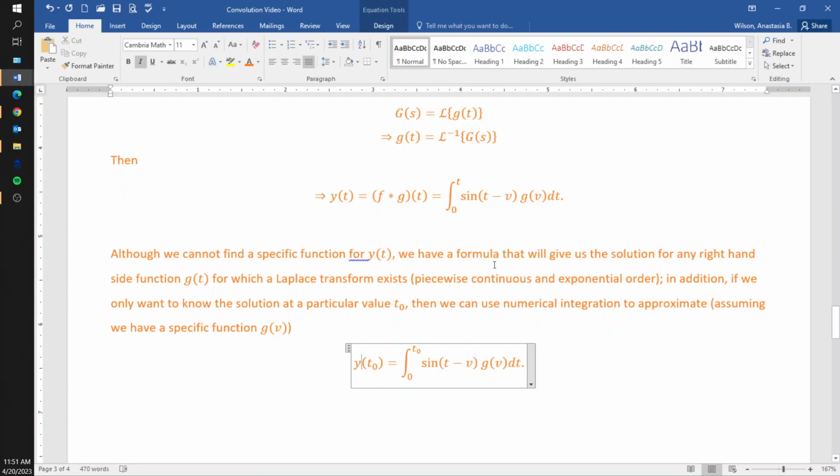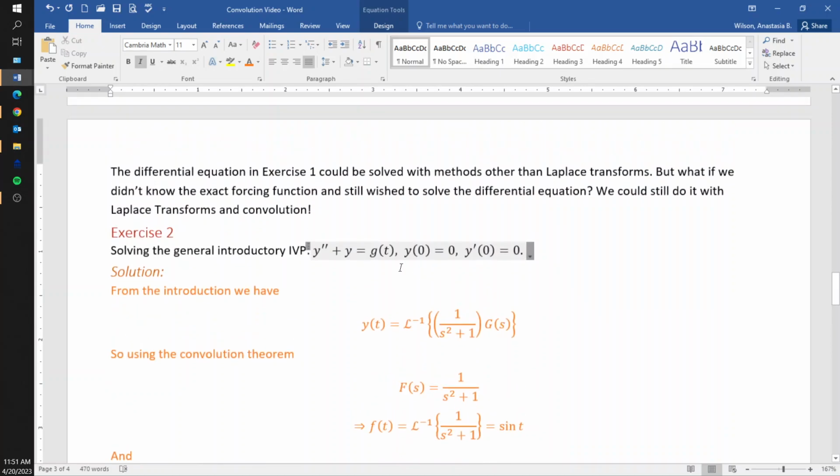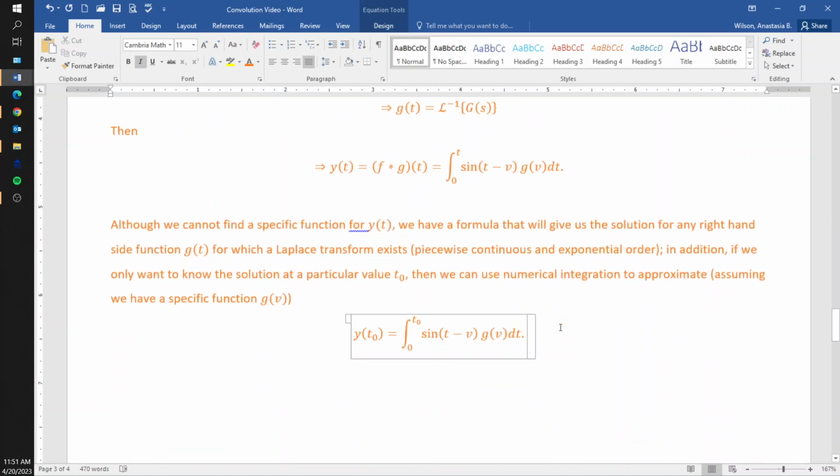So this is a very powerful piece of information for a general solution to this initial value problem. And this is something that we can do with Laplace transforms and convolution when we would not have been able to do that with other solution methods for second order problems.